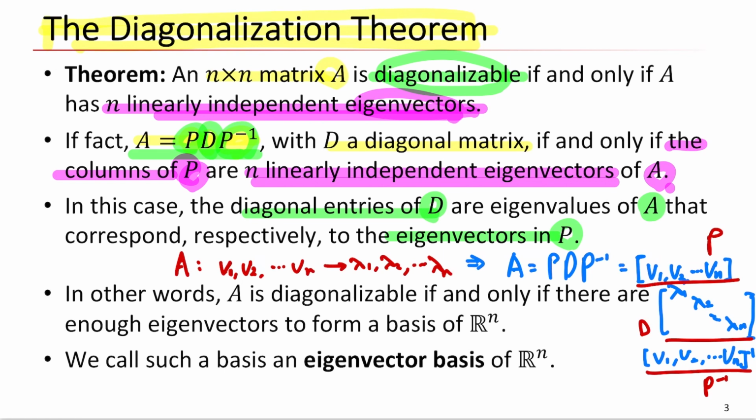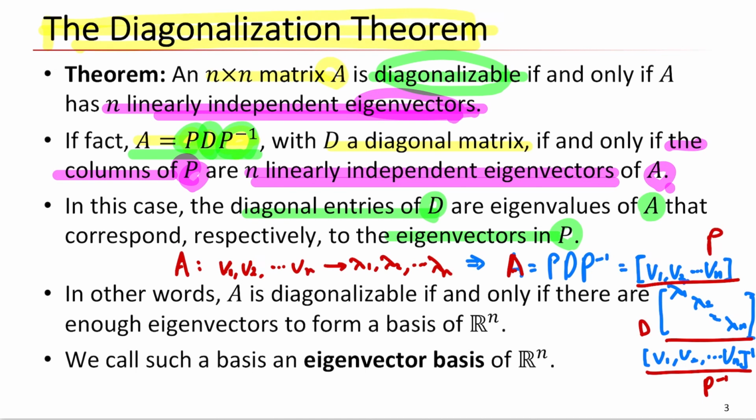So in other words, if matrix A has n linearly independent eigenvectors with the corresponding eigenvalues, then we can decompose this matrix A as the matrix P that consists of the eigenvectors, with the diagonal matrix D consisting of the eigenvalues on each diagonal term, right?